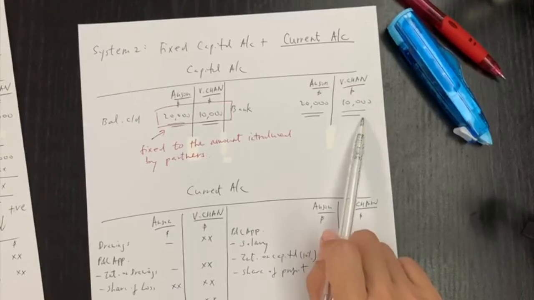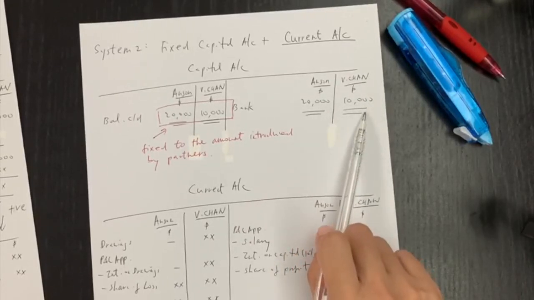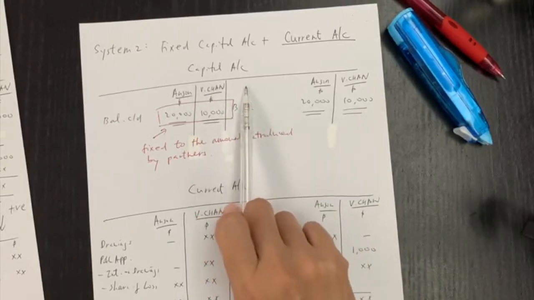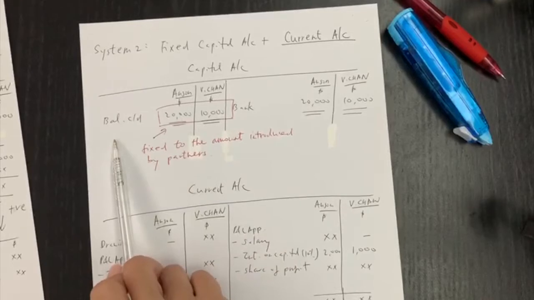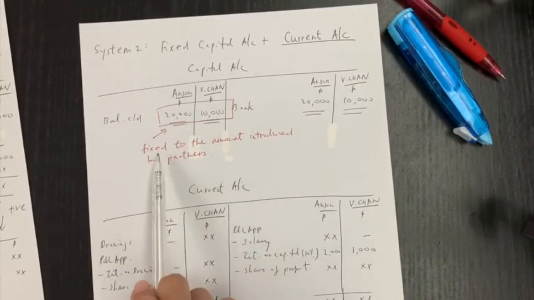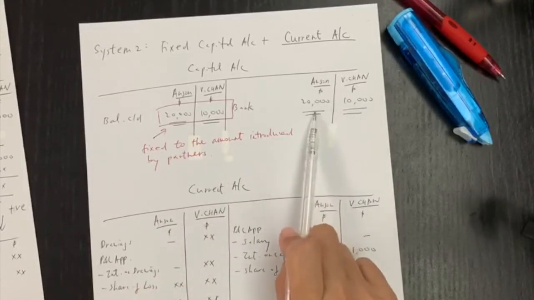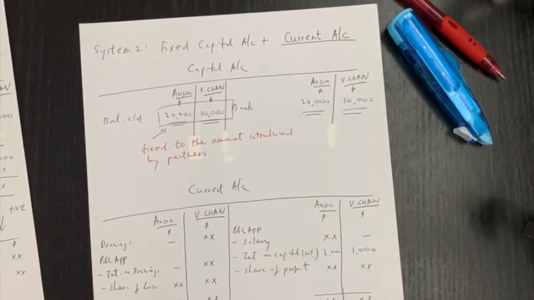So for all three things, salary to partners, interest on capital, and interest on drawings, we don't bother the capital account. So when we close it, we have the same amounts. That's why we call this fixed: fixed to the amounts that the partners introduced at the very beginning. So this is system 2, the fixed capital account.